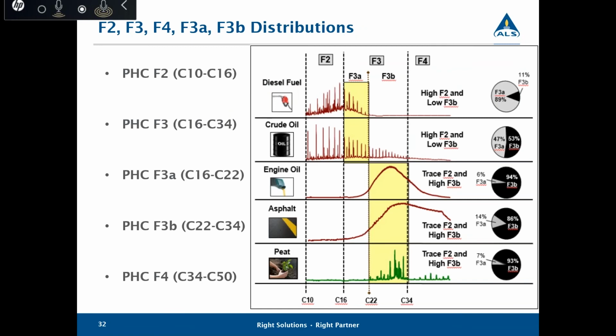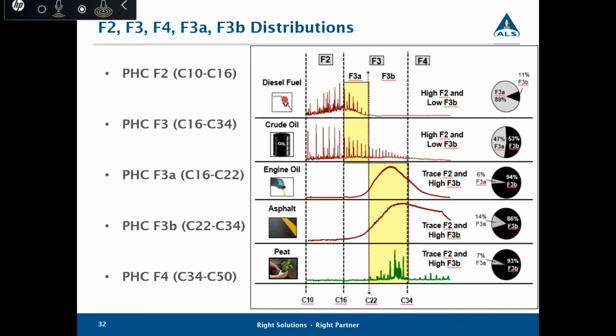Looking at the summary of the study, which was conducted for the distributions of F2, F3, F4, and the F3AB subfractions in diesel, crude oil, engine oil, asphalt, and peat, we can see the differences. When petroleum hydrocarbon contamination is present, like in diesel fuel and crude oil, there is a very high F2 fraction and very low F3 fraction.